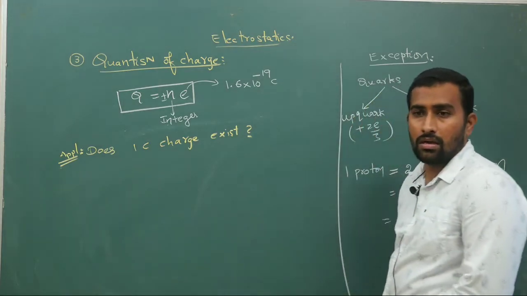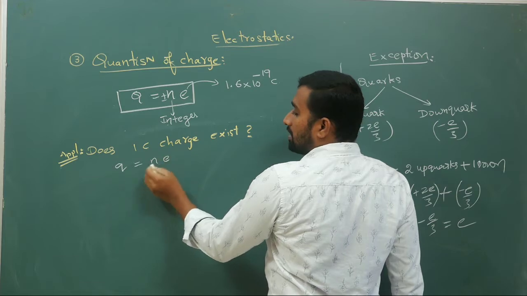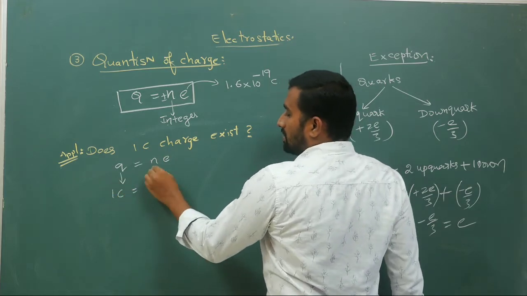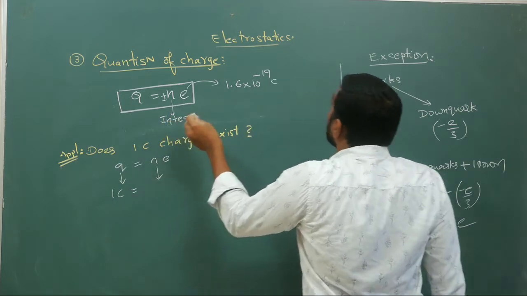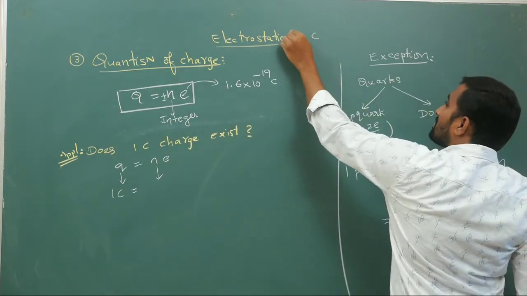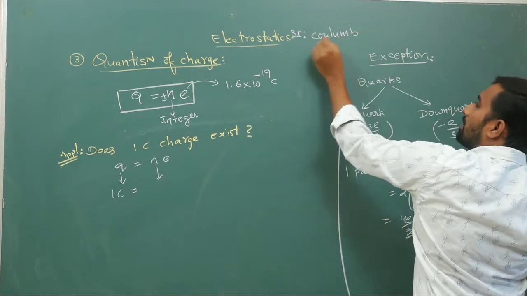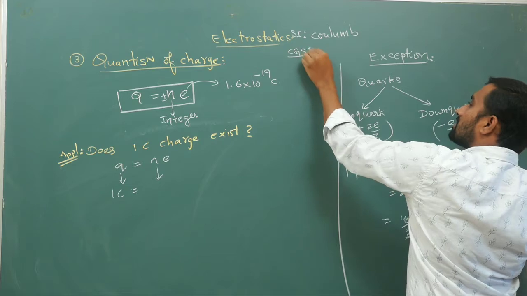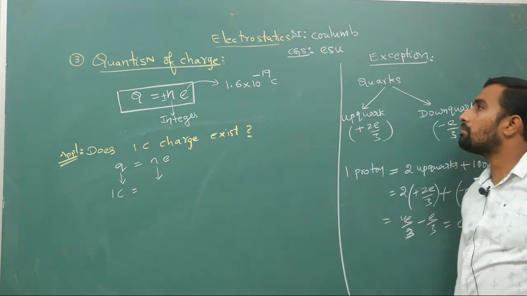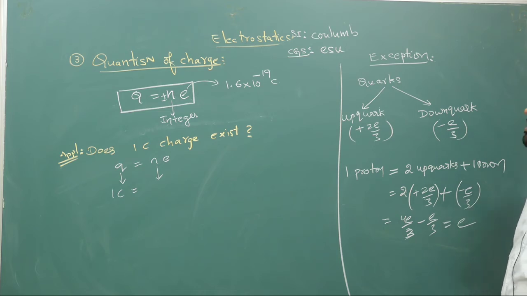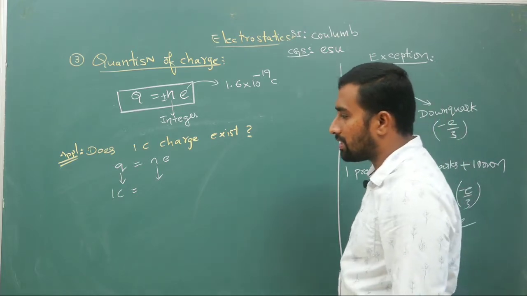You will apply your quantization rule, Q is equal to N times e. Coulomb is the unit of charge, that is the SI unit. And the CGS unit is the electrostatic unit, ESU. One electrostatic unit is some 1.3 something, you check it in your reference books. I don't want to waste my time in doing that part.